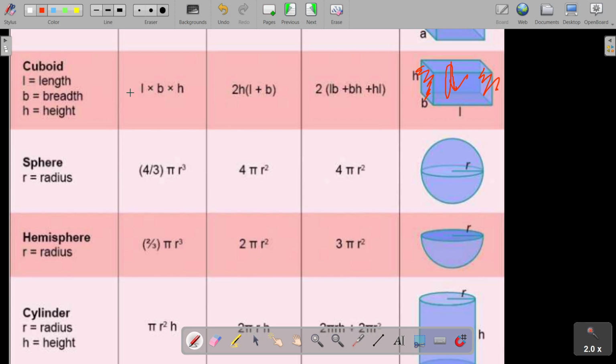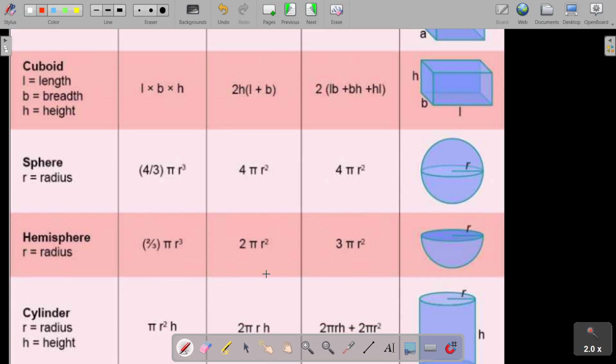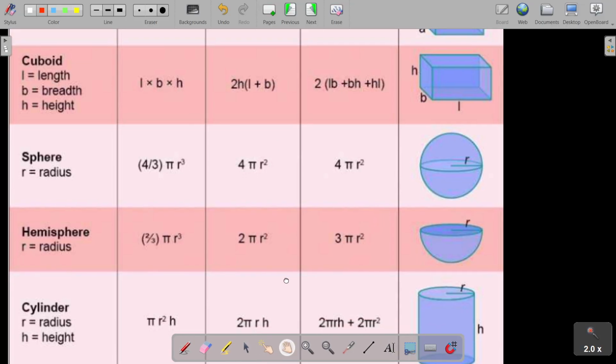As you can see, this is a rectangle. This is the formula for curved surface area, and this is the formula for total surface area. As I said, we need to remember all the formulas.